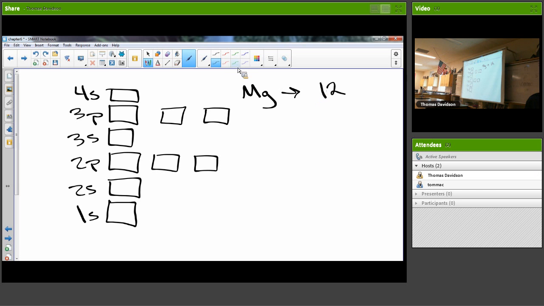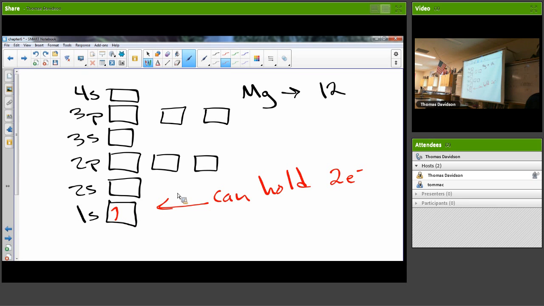Okay. Every single one of these boxes can hold, how many electrons would you guess? 2 electrons. So what I'm going to do is follow the 3 rules I just said. Number 1, I said start at the bottom. So I'm going to put all 12 electrons in these boxes. I start at the bottom, which is 1, and I put 1 in.